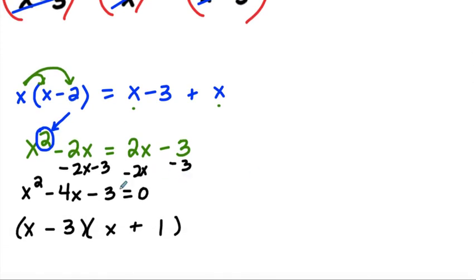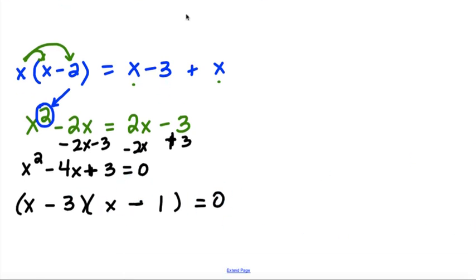Because I should add 3 right here. I caught myself. Should have added 3 right there. Okay, so that means that would be x minus 3, x minus 1 equals 0. That just took me a second. I caught myself because it didn't factor properly.